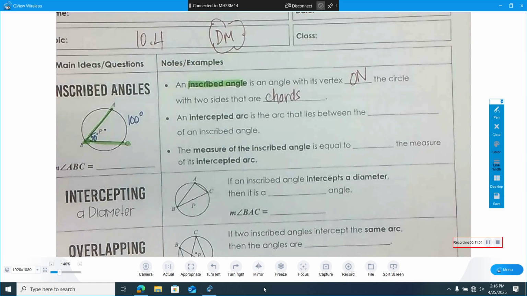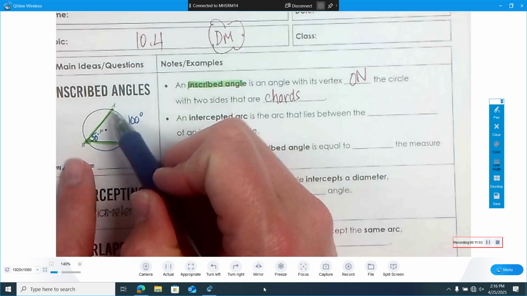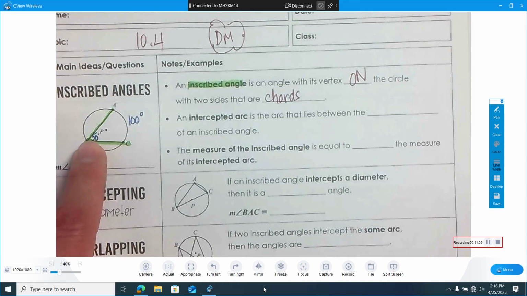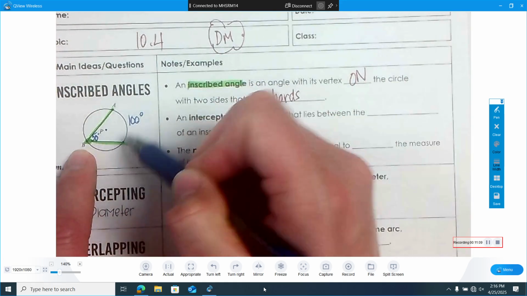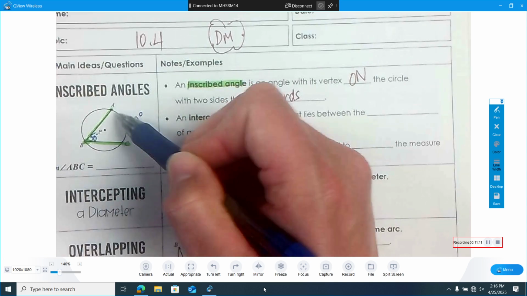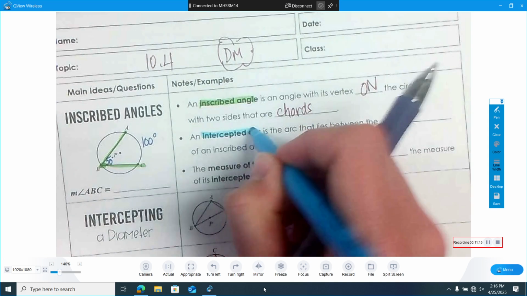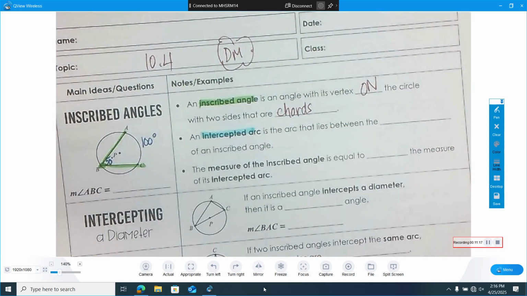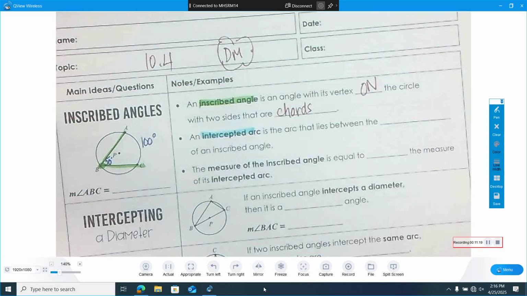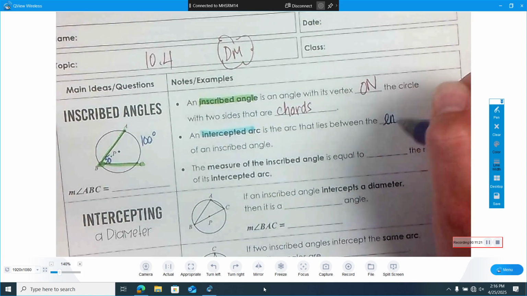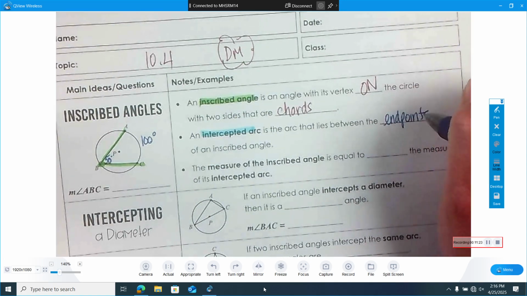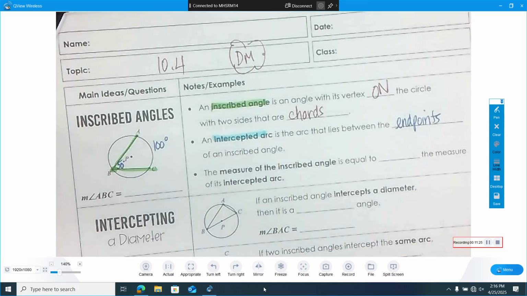All right, here we go. So here I have my inscribed angle, and today the basic rule here is that if you know your arc measure, this is called the intercepted arc. The intercepted arc is the arc that lies between the end points of an inscribed angle.